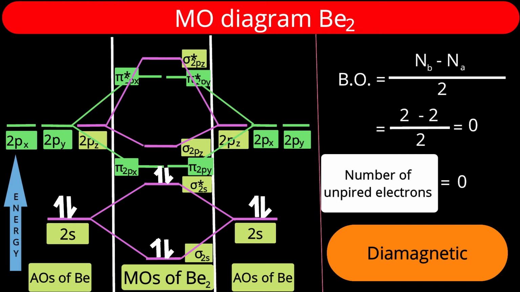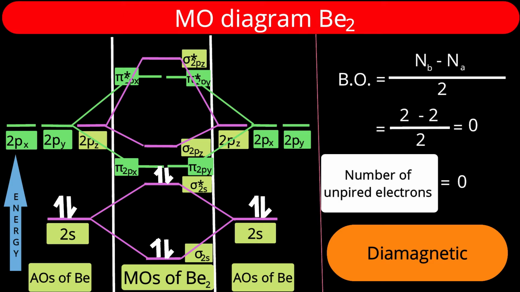So a sigma symmetric 2s orbital and the sigma symmetric other 2s orbital will interact to produce a sigma symmetric bonding orbital and a sigma symmetric antibonding orbital. We represent the bonding orbital by simply sigma followed by the label of the atomic orbital, that is 2s, meaning sigma 2s. And we label the antibonding orbital by an asterisk, sigma asterisk 2s.